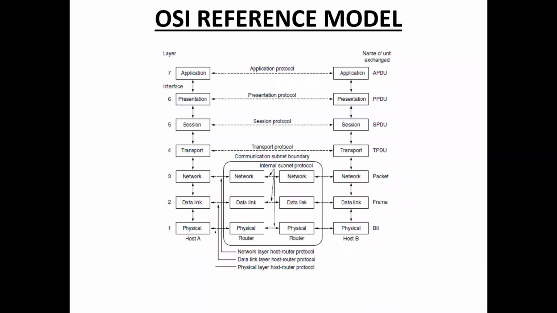And fifth, access control. These are the functions of the data link layer, and the data in the data link layer is in the form of frames.